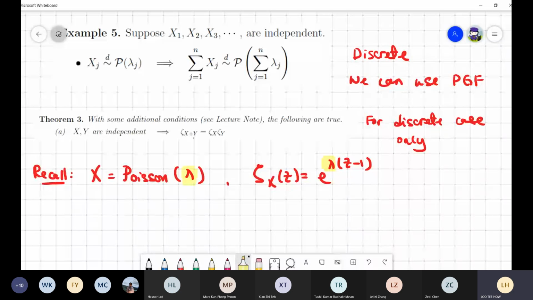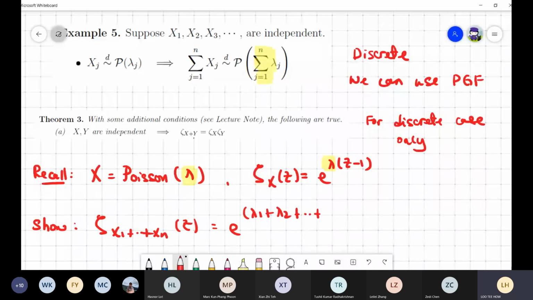So for our case, we want to show this. Which means, in this case, I want to show that the zeta of x1 plus up to xn at z must be equal to e to the power of the summation of lambda 1 plus lambda 2 and so on, times z minus 1.